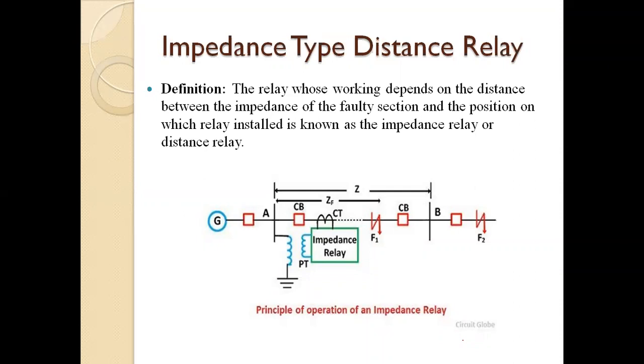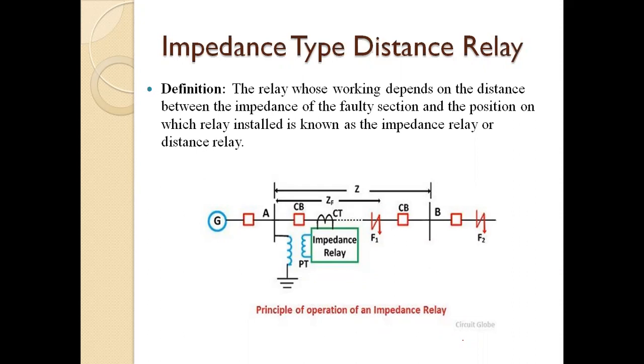There are different types of relays as we discussed, that is impedance relay, reactance relay, more relays are there. Then microprocessor based relays are there, electromechanical and static relays for transmission lines are also there.